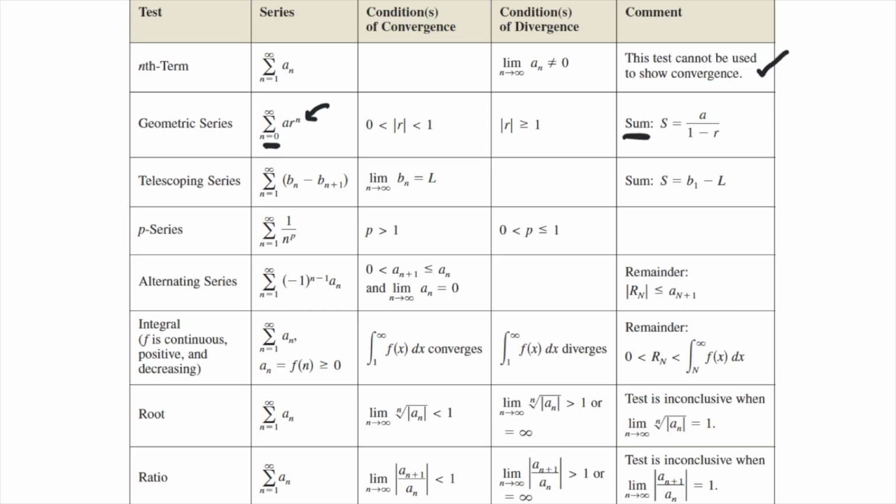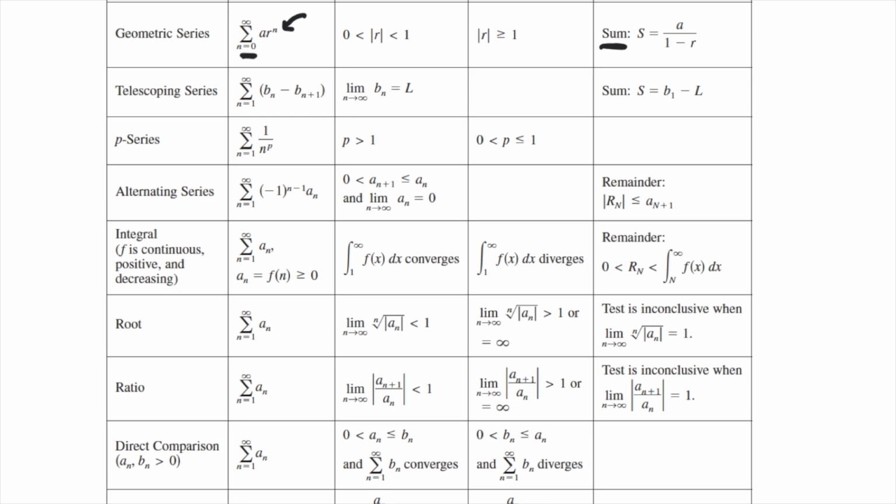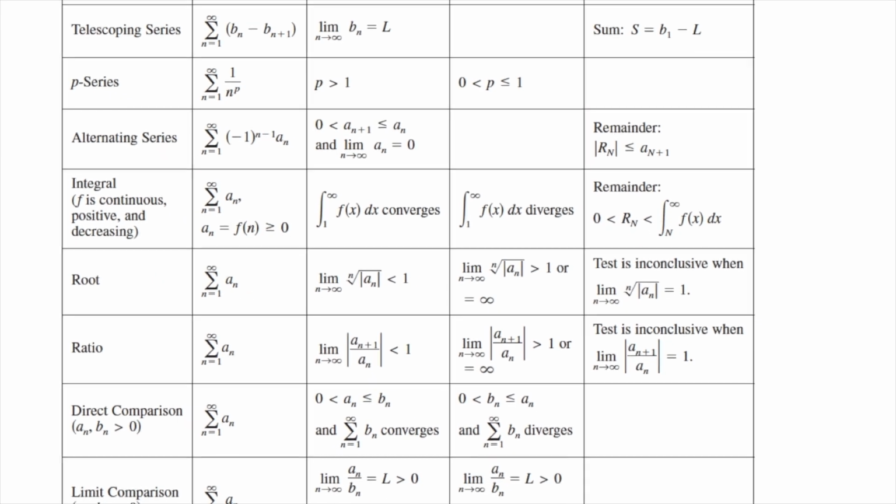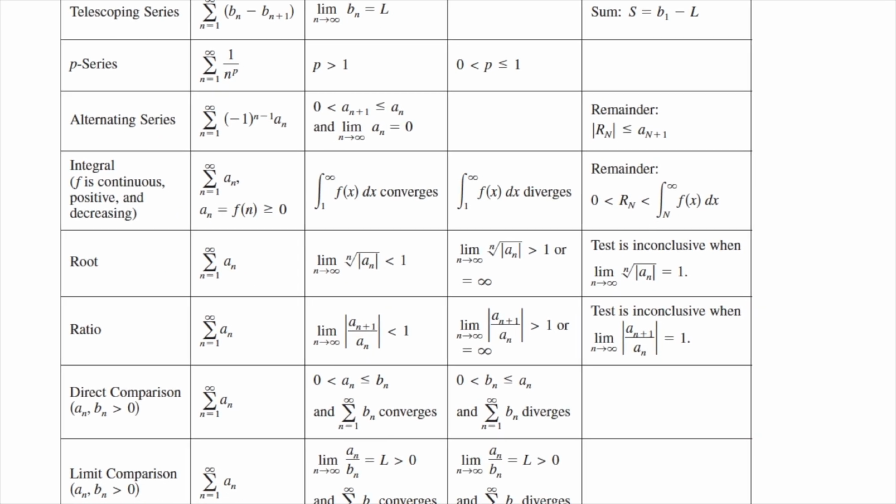Your telescoping series might be disguised as a ratio. For your p-series, this is your best series to use when comparing. For your alternating series test, you have two items that you have to show before you can use it.